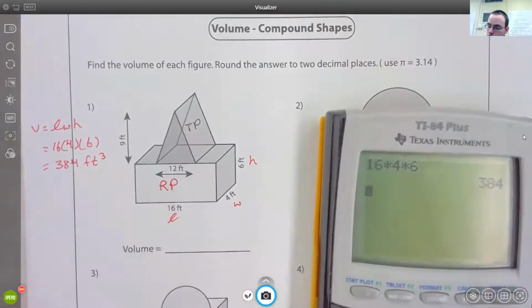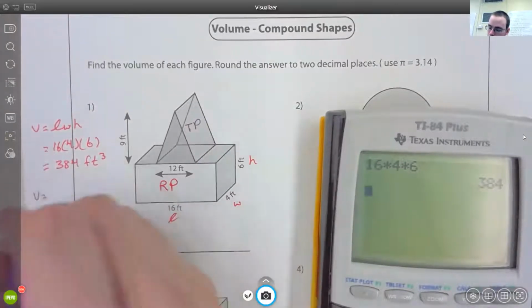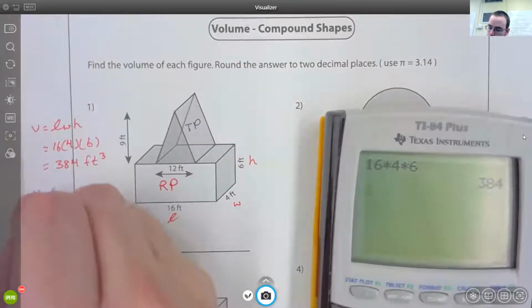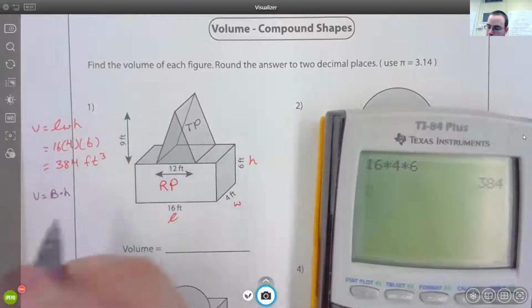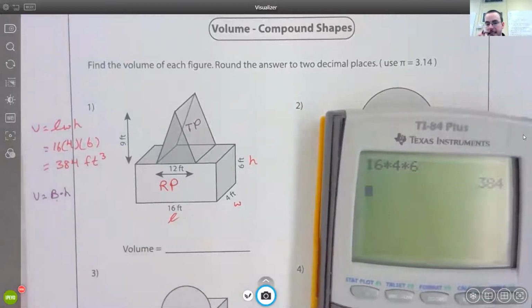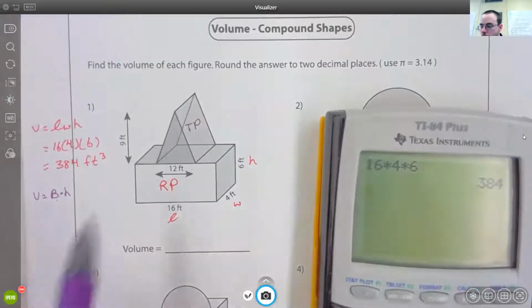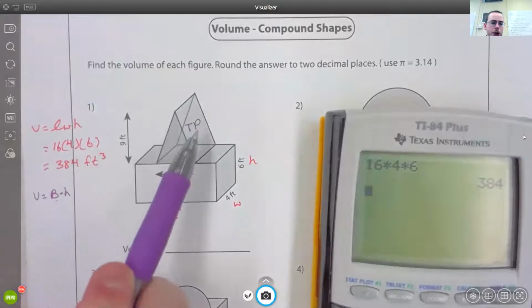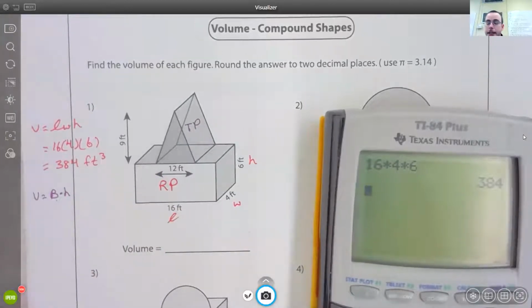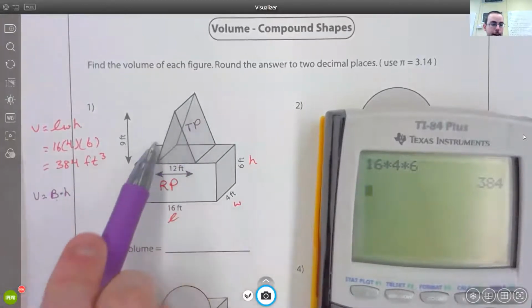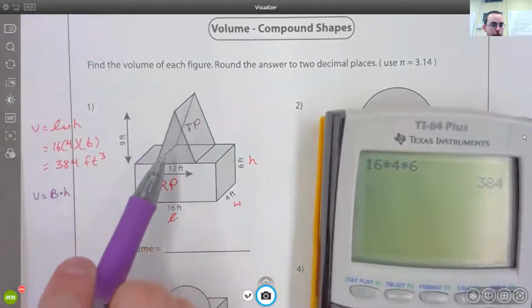The volume of a triangular prism is given by the formula big B times H, where big B is the area of the base of the triangular prism. It's called a triangular prism because the bases are in the shape of a triangle.